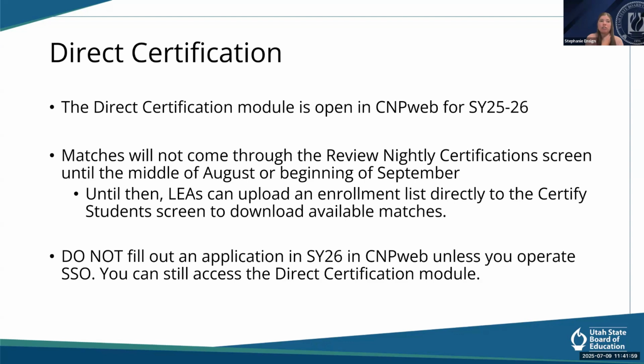Just remember that no matches are going to be coming through the Review Nightly certification screen until the middle of August or beginning of September. So those will not be available right now. Until then, you can upload an enrollment list directly to the Certify Students screen in order to download available matches. So just the same as what you've been doing in past school years.